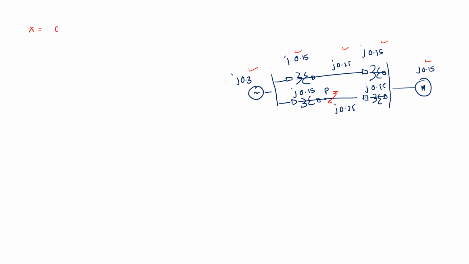This is equal to 0.3 plus 0.15 plus 0.25 plus 0.15 plus 0.15 like this. So, X will be equal to 1 per unit. There is a J always, so J1.